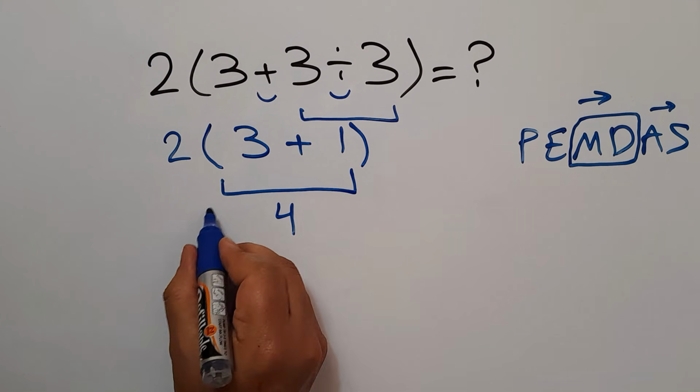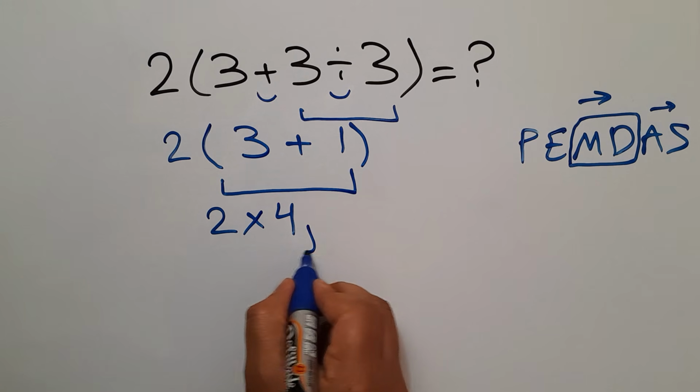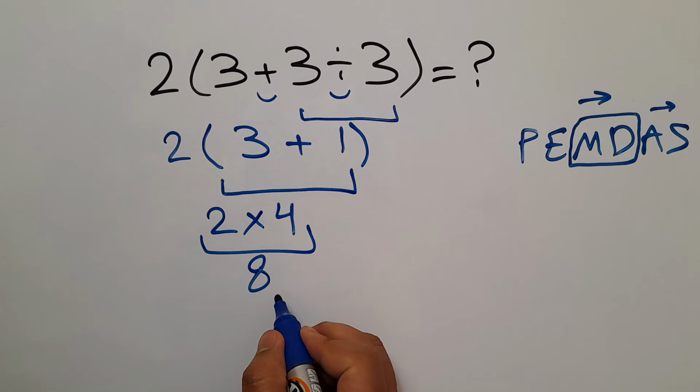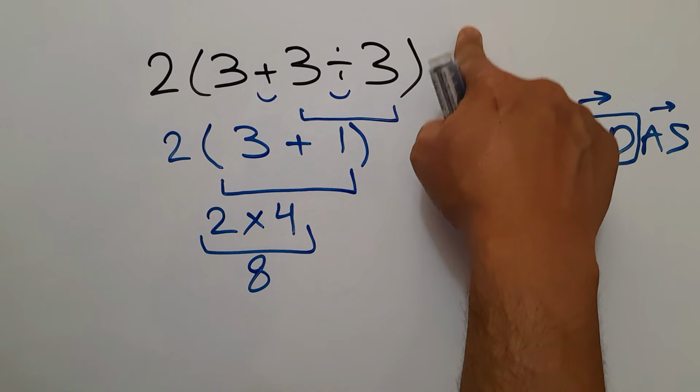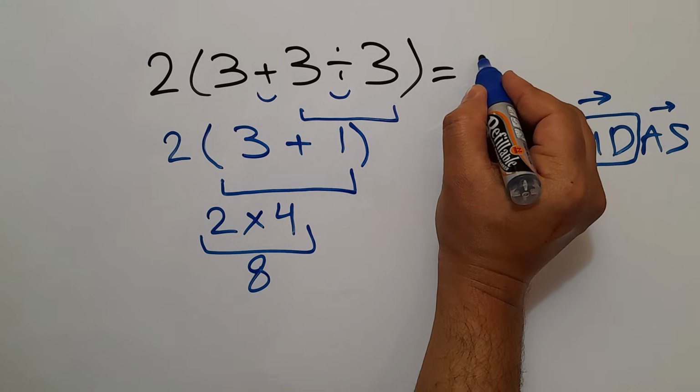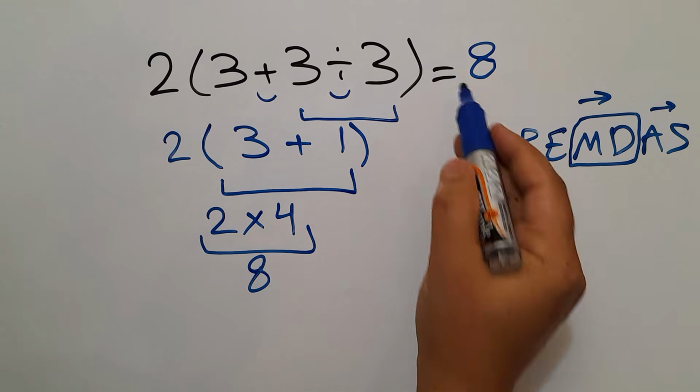So we have 2 times 4, and 2 times 4 equals 8. Finally, our answer to this problem is 8. The correct answer is 8.